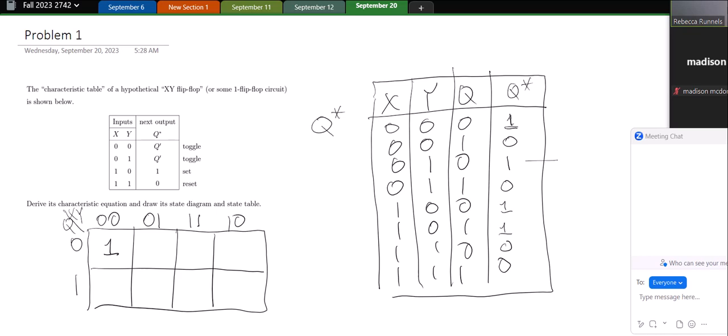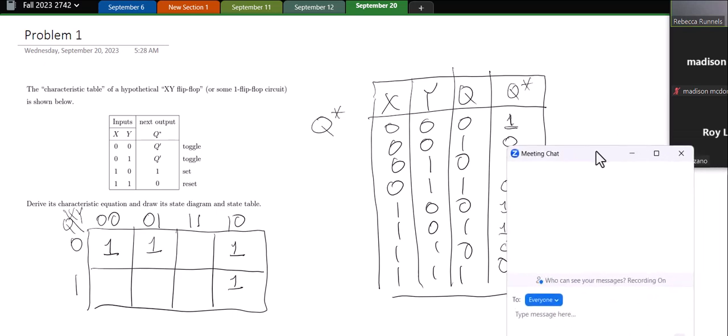Okay, my next one, that's 0, 1, 0. That's right here. 1, 0, 0. 1, 0, 1. And I think I got all the ones. Yes, I did. Okay, so now I want to find a cover for this.